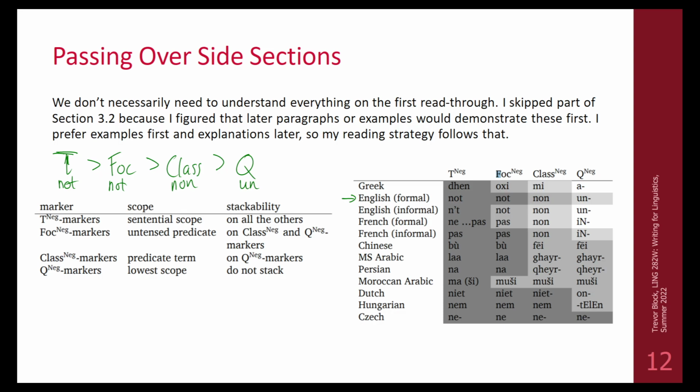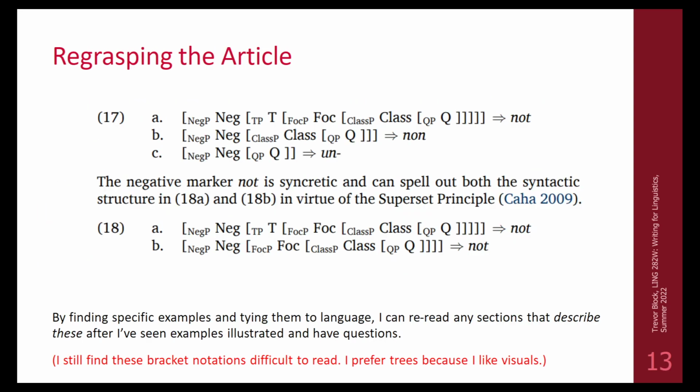This seemed not too important at first. If we're going to look at illustrations of trees, yeah, it seems important. I went back to it later to try to understand it. But on my first read through, I mostly skipped 3.2 because I didn't think it was too important to understanding the main point at the time.